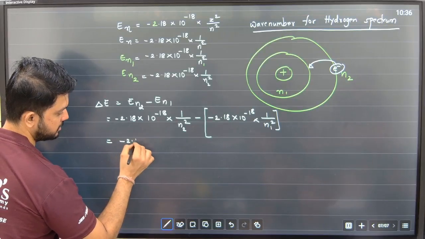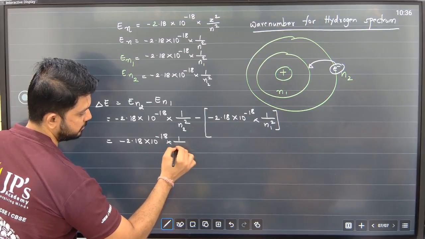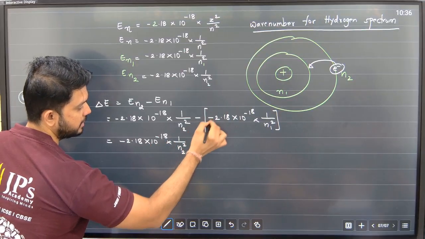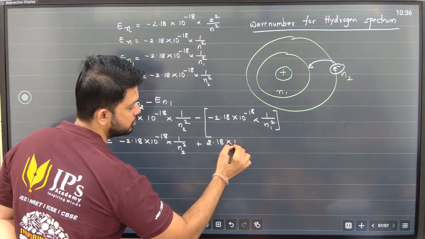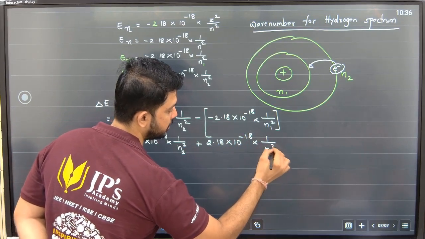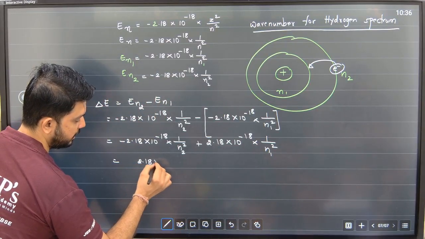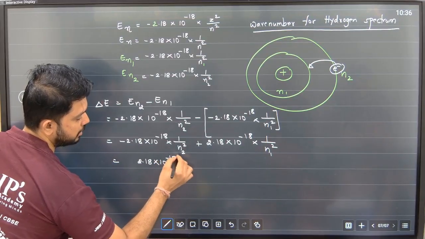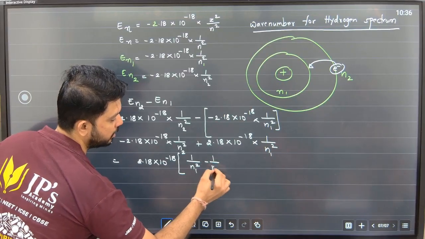When you open this, minus into minus is going to become plus. Something common is visible: 2.18 into 10 raised to minus 18 into 1 upon n1 square minus 1 upon n2 square.